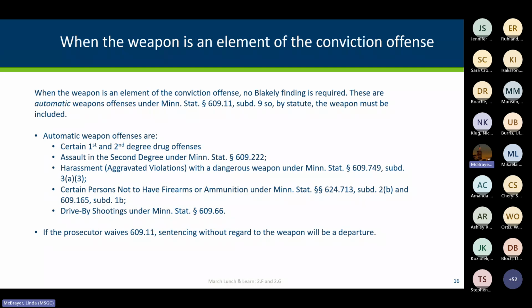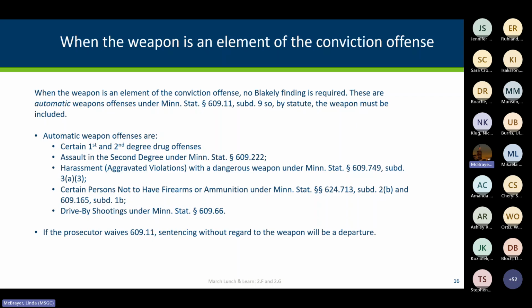Now, there is a statute under which the prosecutor can ask for departure. They can waive 609.11, which is sentencing without regard to the weapon. That's the only way to get away from the weapon on these offenses. On the other eligible offenses that we see in subdivision 9, there would have to be a finding of fact.